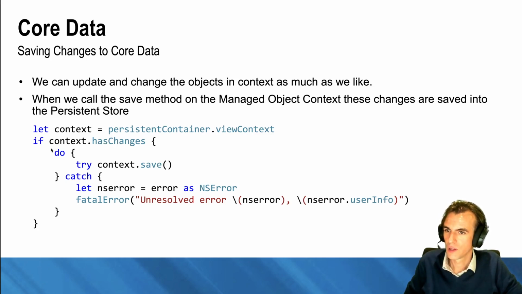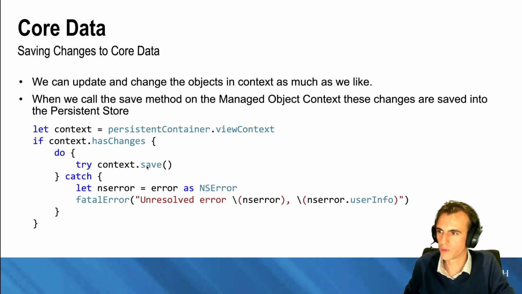If there is, you can try saving it. Save can fail, though it shouldn't. So again, you can do this in a do-try-catch block, and in this case, because we know this shouldn't really fail, we're performing a fatal error here and just saying something went seriously wrong. The context can't save, which might be because the device is completely out of space or something.